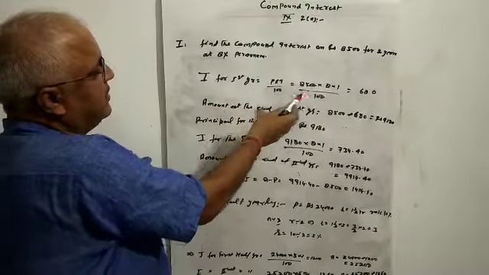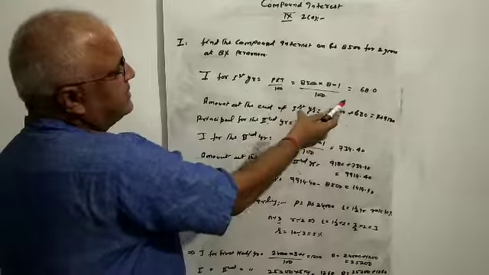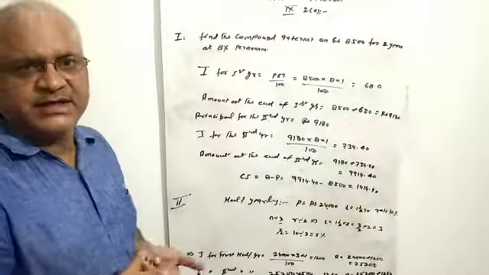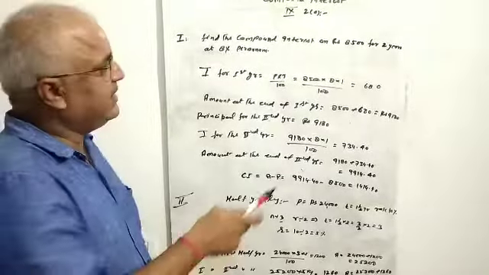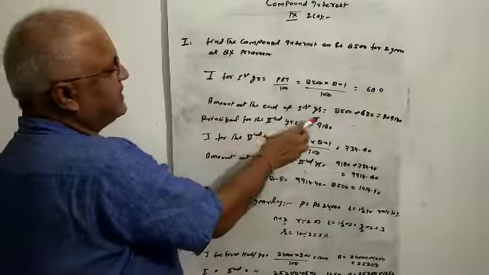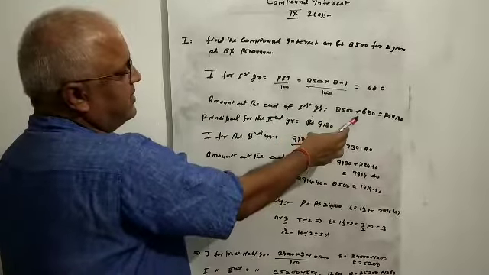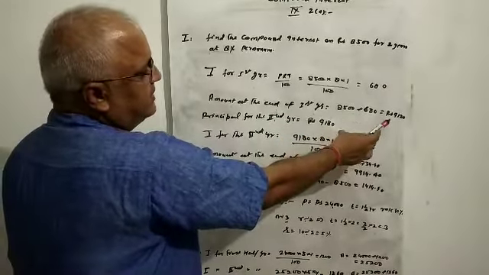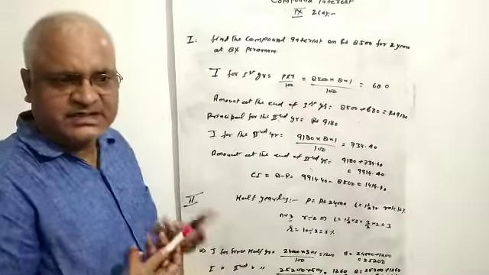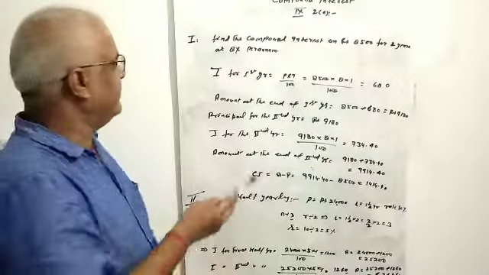PRT upon 100, principal rate time upon 100, this is 680 rupees. Interest earned in the first year is 680, then add this interest to the principal, then amount at the end of first year, 8,500 plus 680, this is rupees 9,180. This amount will be principal for the second year.